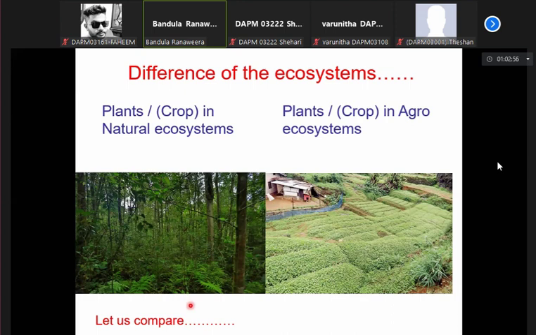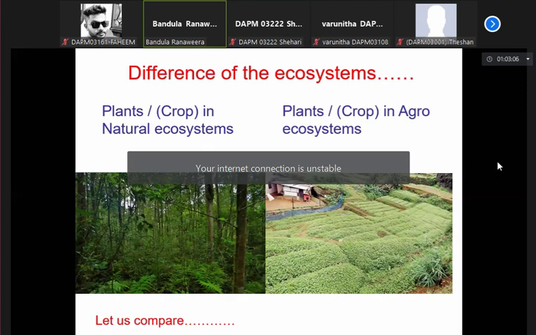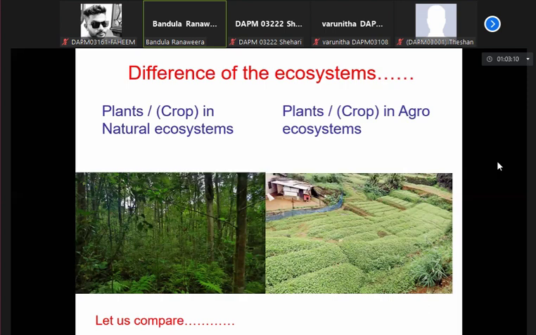In the agro ecosystem there is one host for pests, but natural ecosystems have many hosts. There is variety, but agro ecosystems do not have variety. There is a lesser number of varieties.